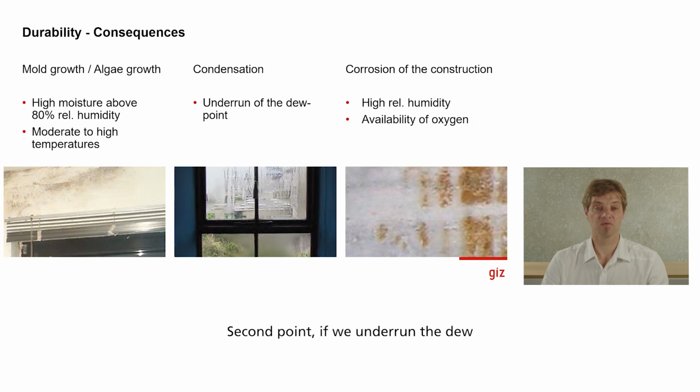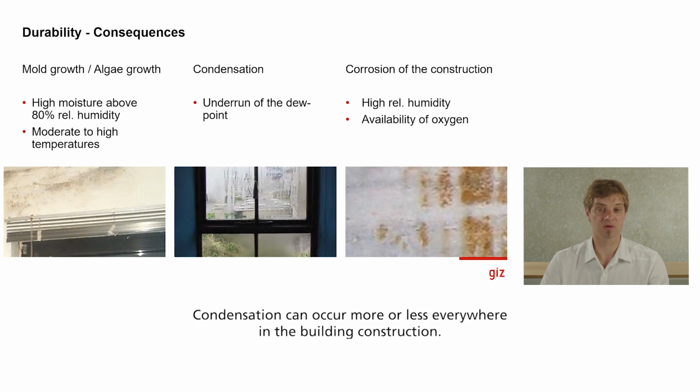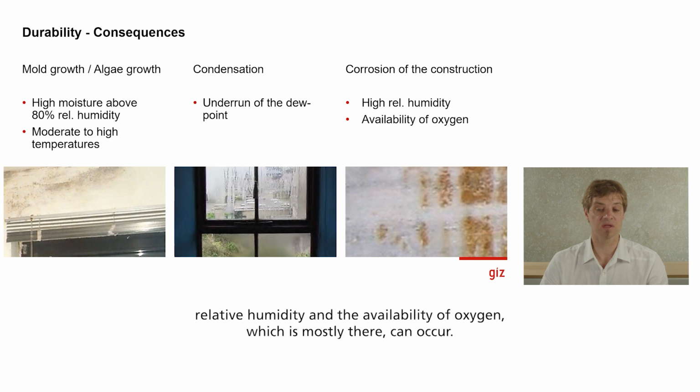Second point, if we fall below the dew point on the construction surface, inside, outside, but also on the junctions between different materials, we will have condensation. Condensation can occur more or less everywhere in the building construction, and we will have the problem that with that moisture, the risk of, for example, corrosion, which also needs a high relative humidity and the availability of oxygen, which is mostly there, can occur.